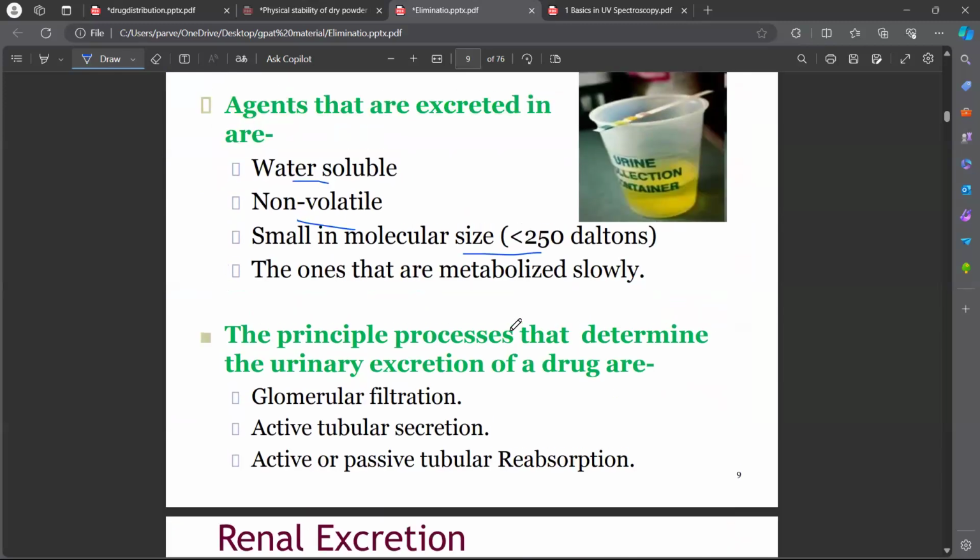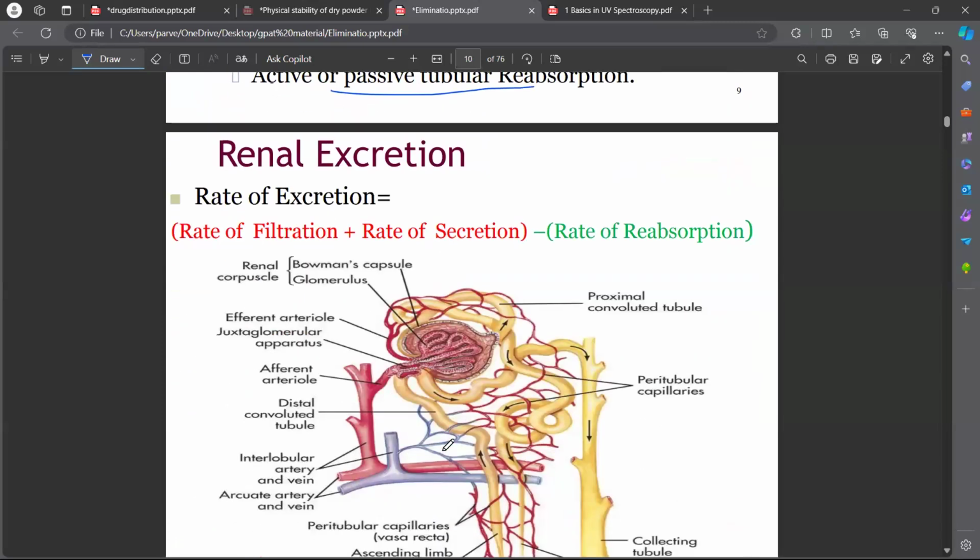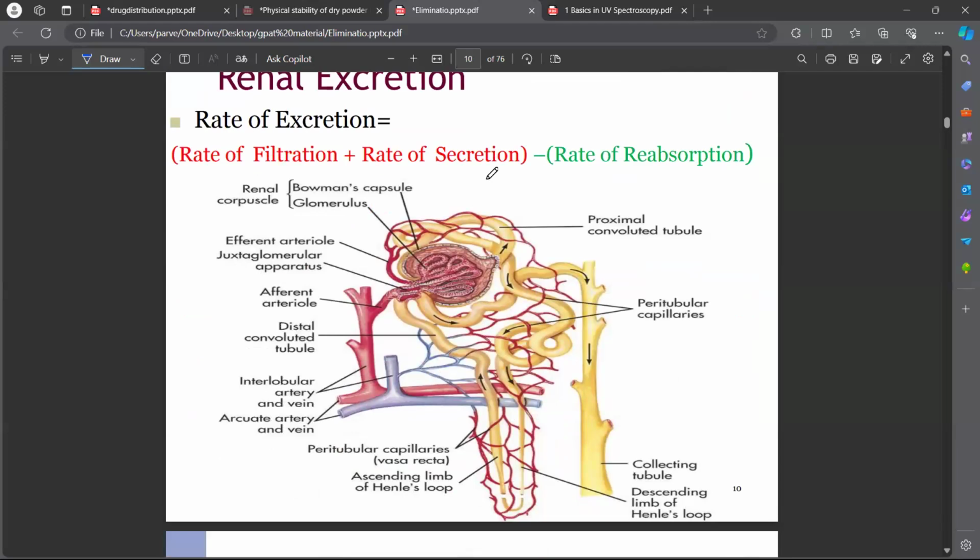Three processes occur in the elimination of drugs by urine excretion: glomerular filtration, active tubular secretion, and active or passive tubular reabsorption. The basic functional unit of the kidney is the nephron, and millions of nephrons are present together in the kidneys, helping in the elimination of drugs. There are two arterioles, the afferent and efferent.